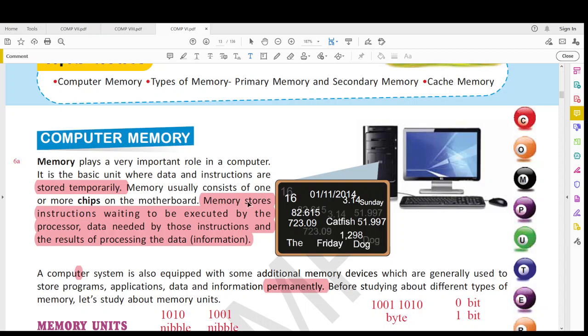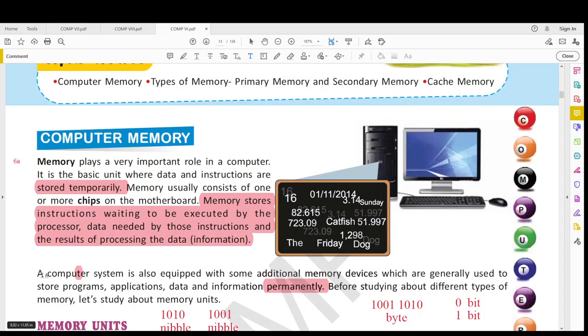So memory stores the instructions that are waiting to be executed. It also stores the data on which the instructions will work, and it also stores the results after the processing of the data. Okay.